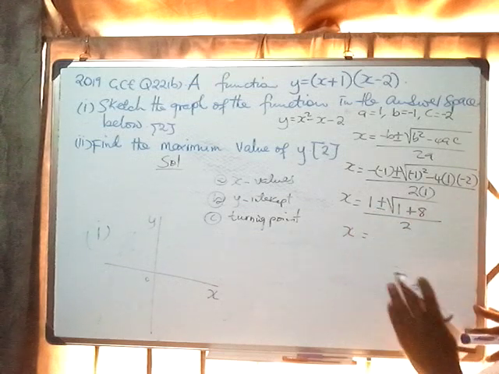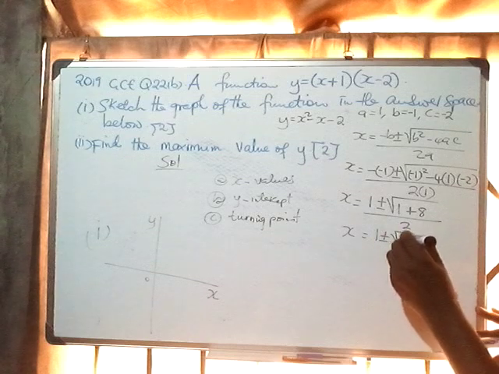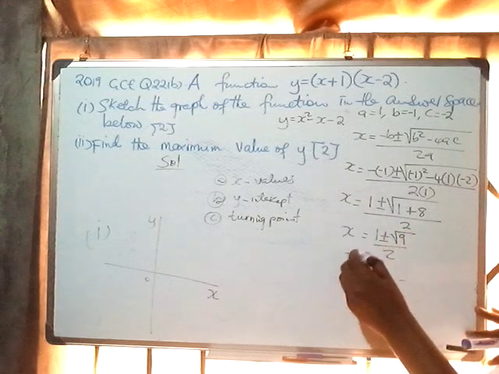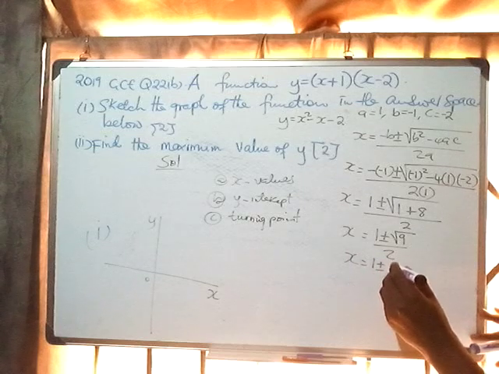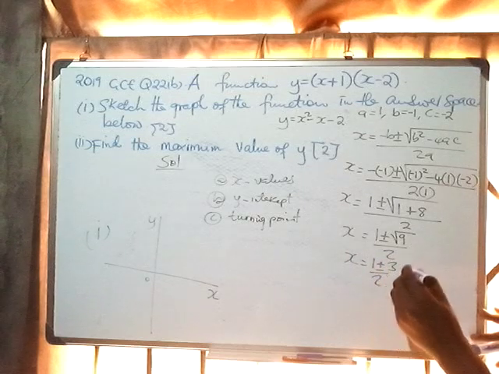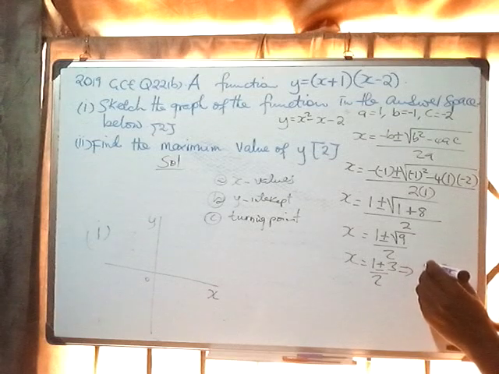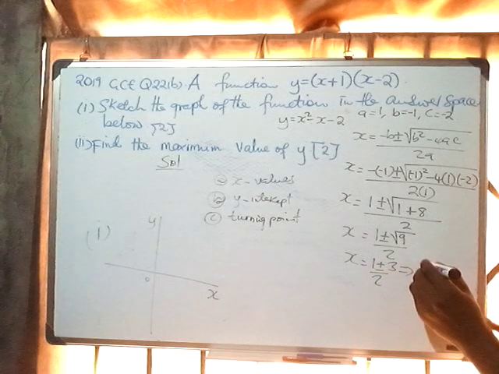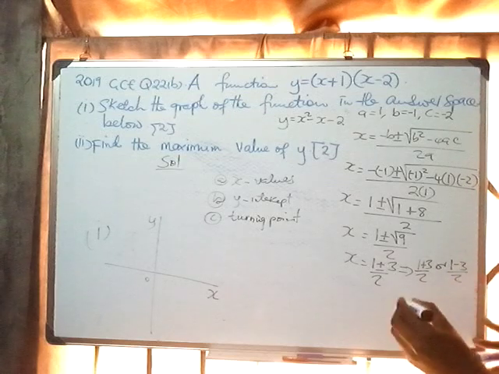So our x is 1 plus or minus the square root of 9 over 2. Our x is equal to 1 plus or minus 3 over 2, which is 1 plus 3 over 2 or 1 minus 3 over 2.